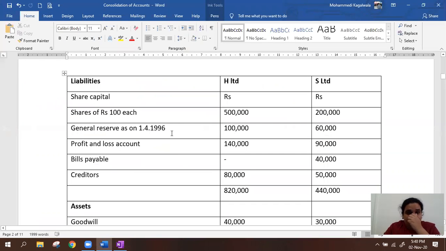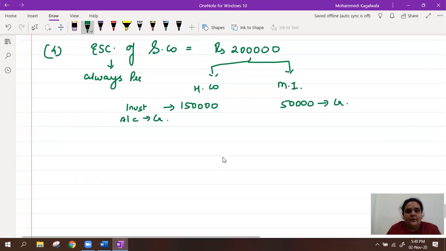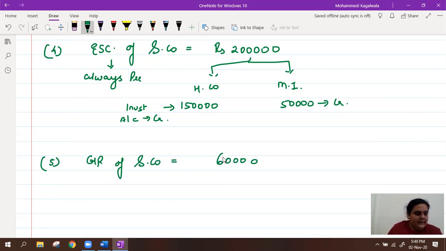Now is general reserve. It is not 1996, 2006. General reserve of subsidiary company is 60,000 rupees. The date is given as 1st of April 2006. It is pre only. Pre, I also came on that day only.